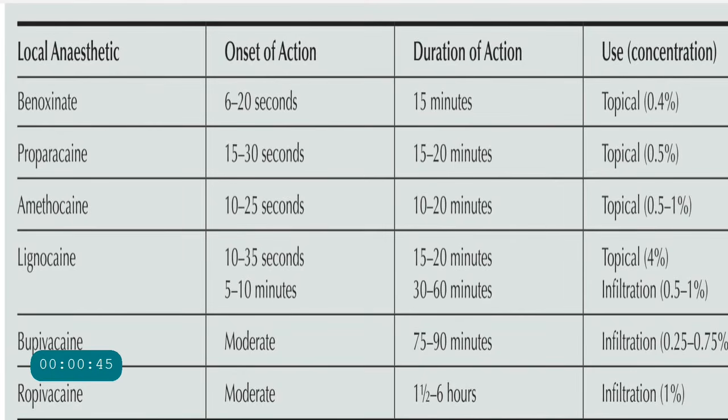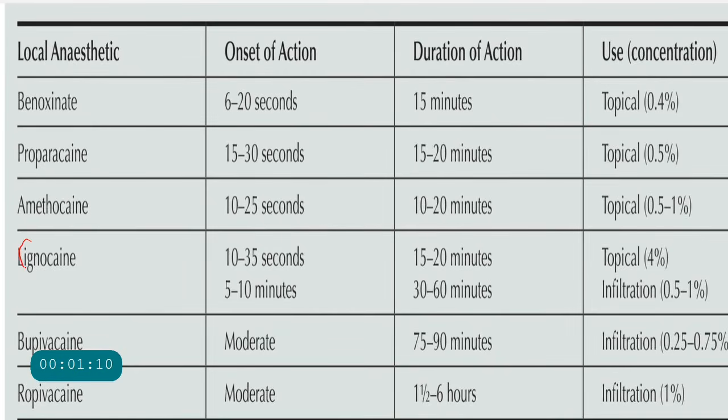Now, there are a lot of local anesthetics, and sometimes the examiners like to ask what other types of local anesthetics you know of. These are bitoxinate, proparacaine, amethocaine, lignocaine, bupivacaine, and ropivacaine. Now over here, I would like to give you a mnemonic to remember which one is an ester and which one is an amide. In the amide group, you will have two i's if you observe.